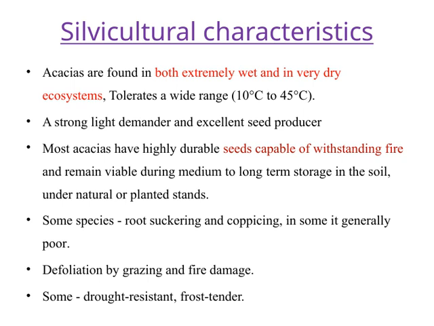Most acacia species produce highly durable seeds that can withstand fire, which is crucial for their survival in fire-prone areas. These seeds can remain viable in the soil for medium to long periods, whether in natural stands or when planted. Some species have the ability to root suckers and coppice, allowing them to regenerate after damage, although in some cases, this ability is quite limited.